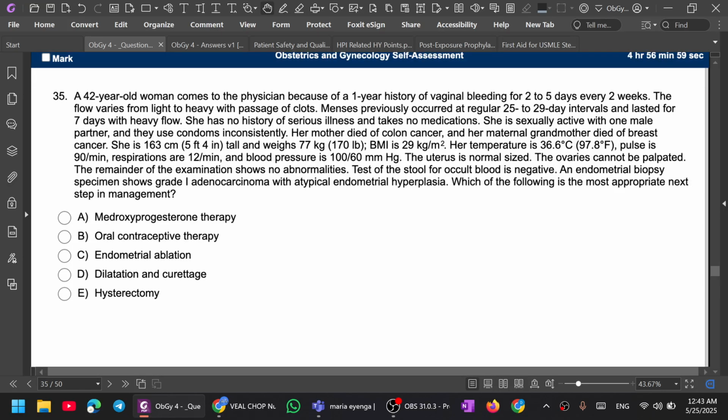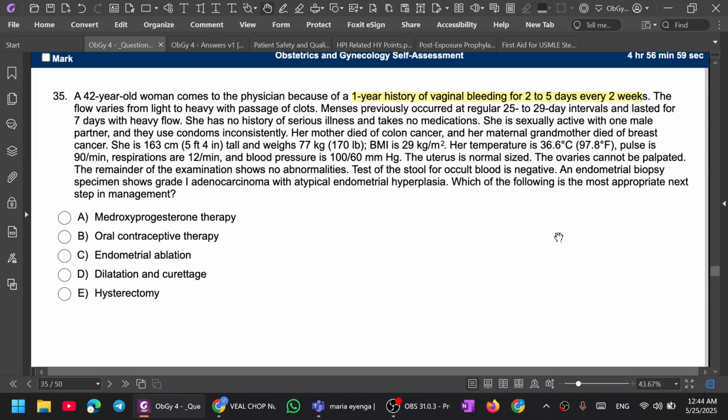A 42-year-old woman comes to the physician because of a 1 year history of vaginal bleeding for 2 to 5 days every 2 weeks. The flow varies from light to heavy with passage of clots.